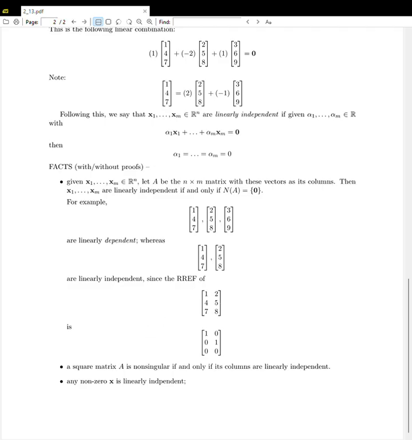Any non-zero element on its own is by default linearly independent. That's pretty easy to see, because if you have a scaled element equaling 0, then either the scalar was 0 or the vector is 0. So if you're non-zero, that forces the scalar to be 0. So a single element is pretty easy to detect if it's linearly independent. It's got to be non-zero.